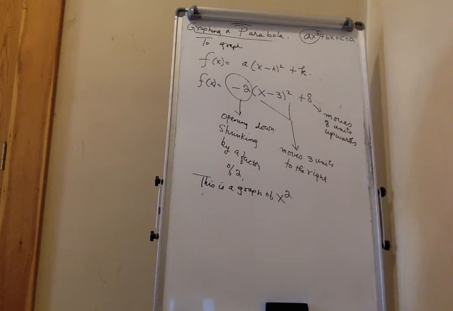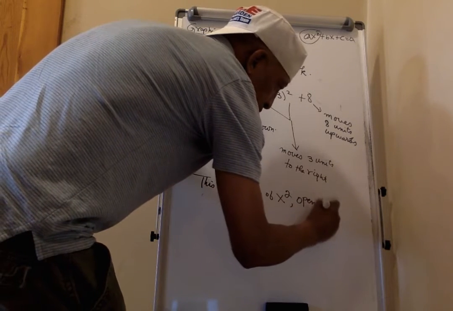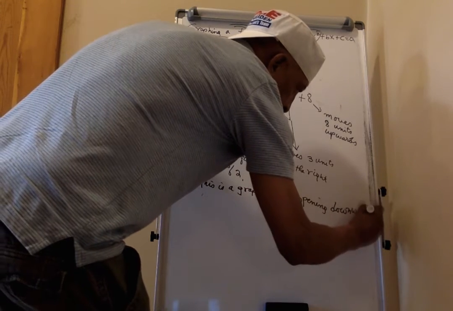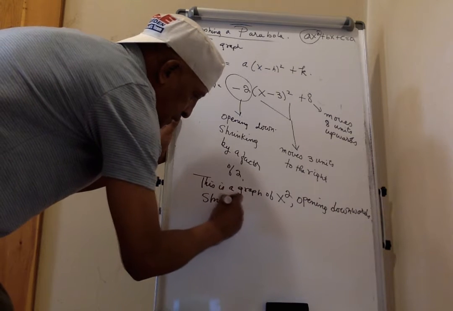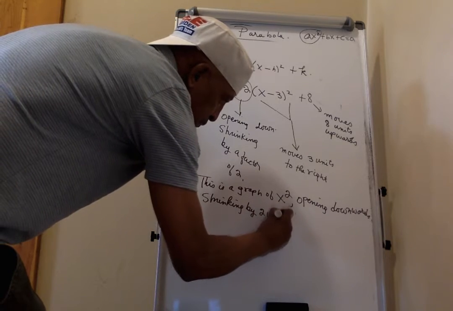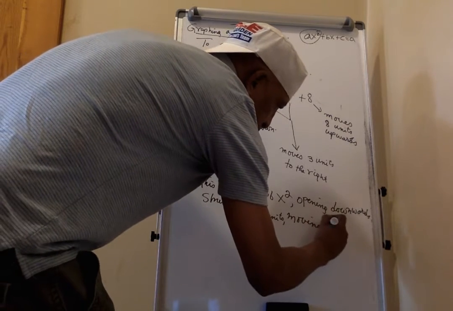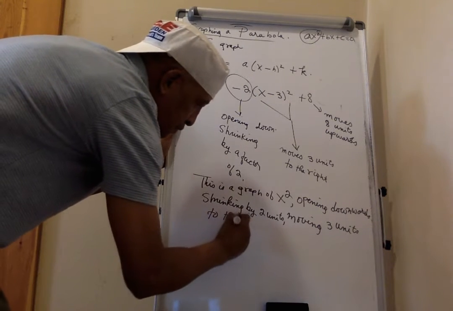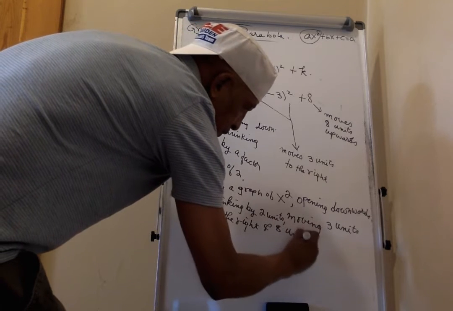This is a graph of x squared opening downwards because it is negative, shrinking by 2 units, moving 3 units to the right, and 8 units upwards.